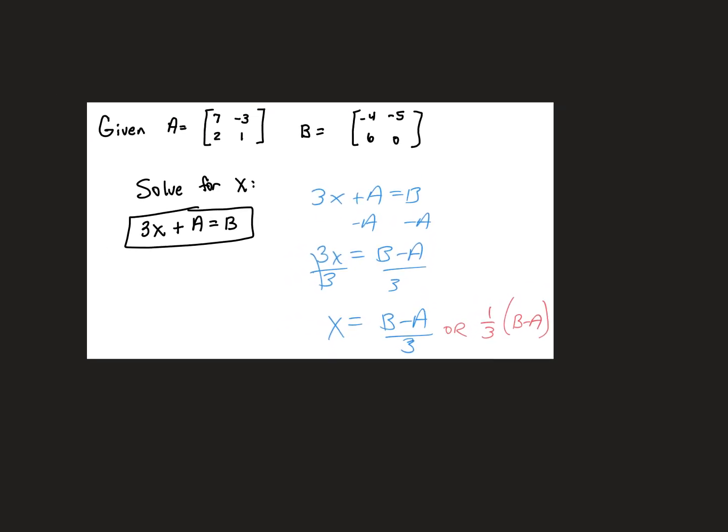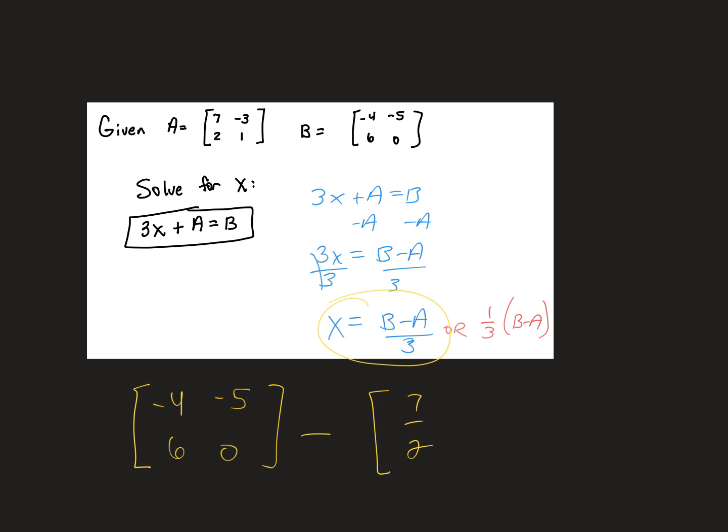Which matrix am I writing first? B. So write down your B matrix. It's -4, 6, -5, and 0, right? Everybody agree? Yeah. Minus, what's your A? How did you write B? Because when we solved for x, it's B minus A. So whenever you get the answer, you just divide by 3. Correct.